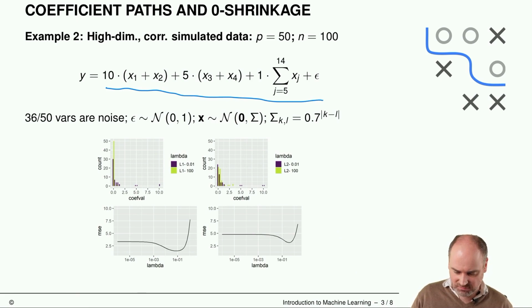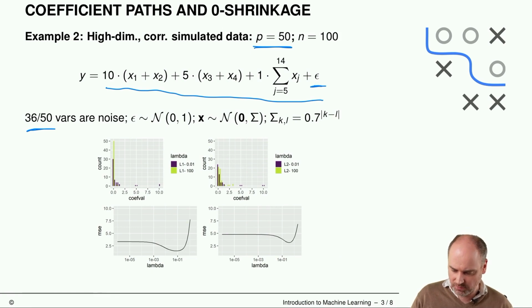It's still fairly simple, with a large effect for x1 and x2, a medium effect of 5 for x3 and x4, and then for the remaining variables from 5 to 15, a smaller effect of 1. All of the remaining features, because we're using 50, so 36 of them, are complete noise variables, so they have a true effect of 0.